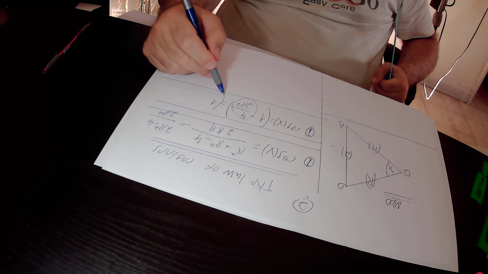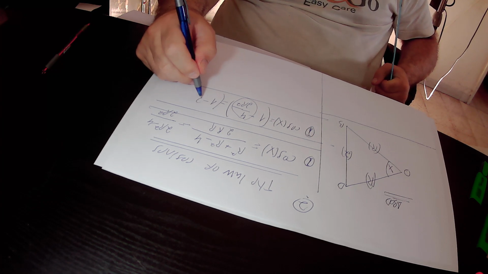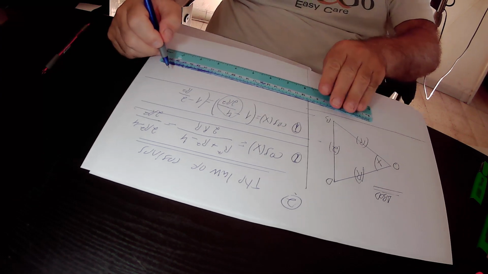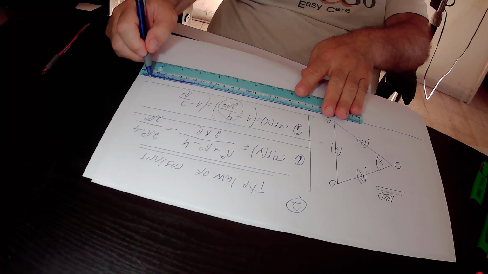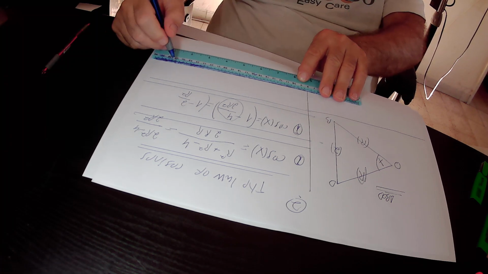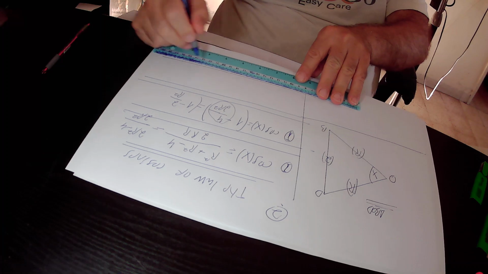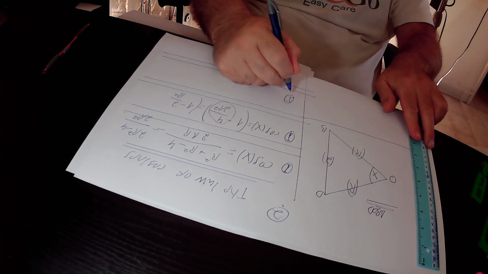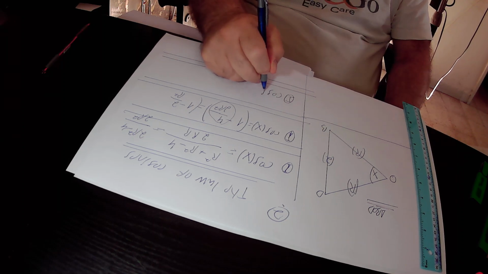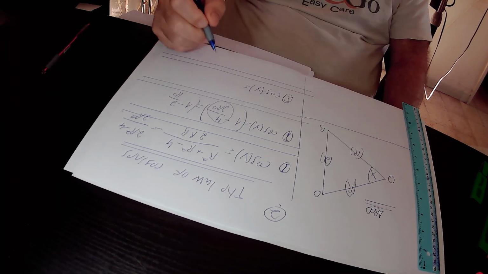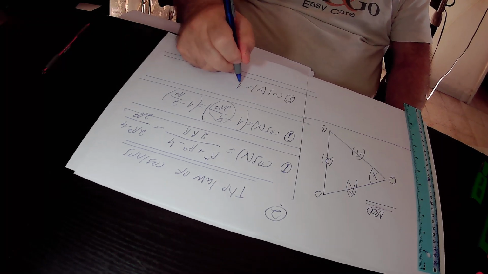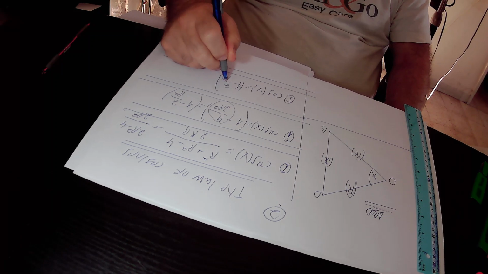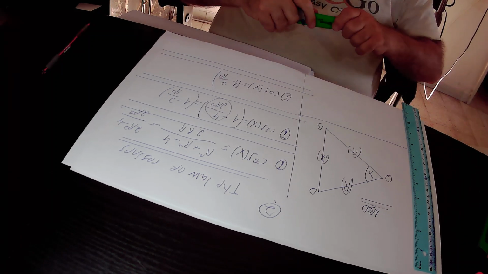And you get that minus 4 over 2 is minus 2, and 2R squared over 2 is R squared. So in conclusion, according to equation 1, cosine x equals 1 minus 2 over R squared. Okay.